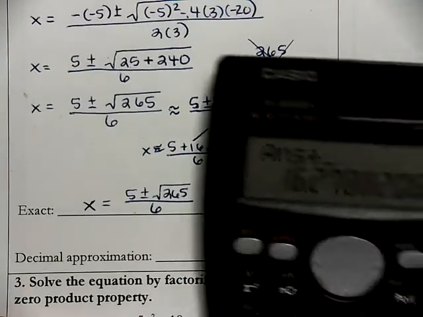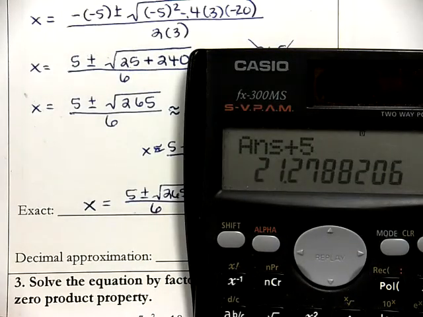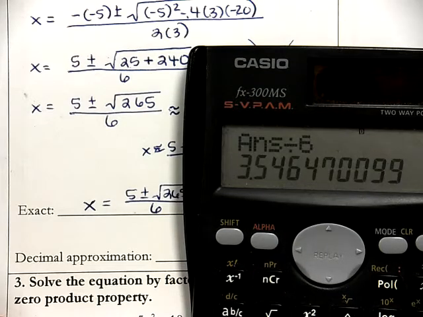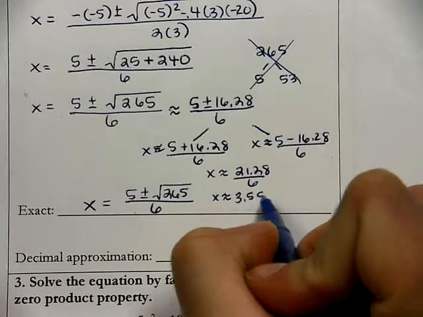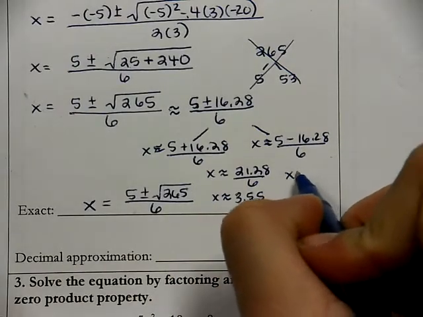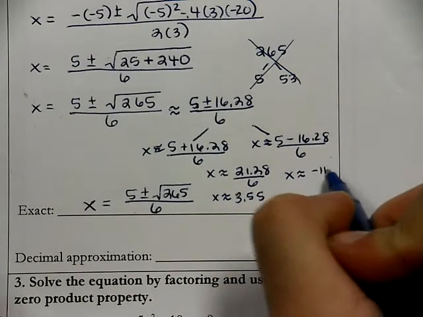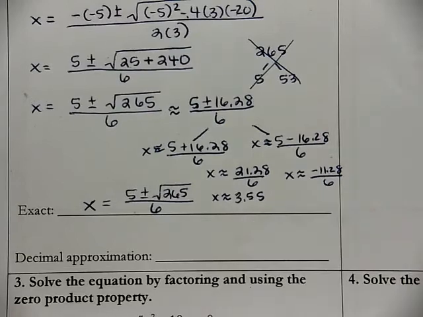So if we added 5 and divided by 6, we get 3.55. And over here, x would be approximately negative 11.28 divided by 6.